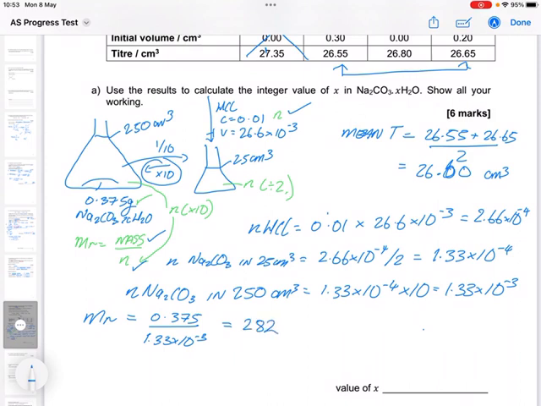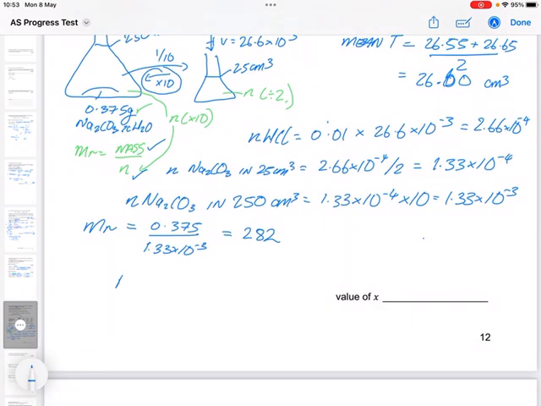Let's say that's 282. Okay, so in my crystal then, let's move this up a little bit, Na2CO3.XH2O. So the MR of all of that is 282. The MR of this bit here is 106.